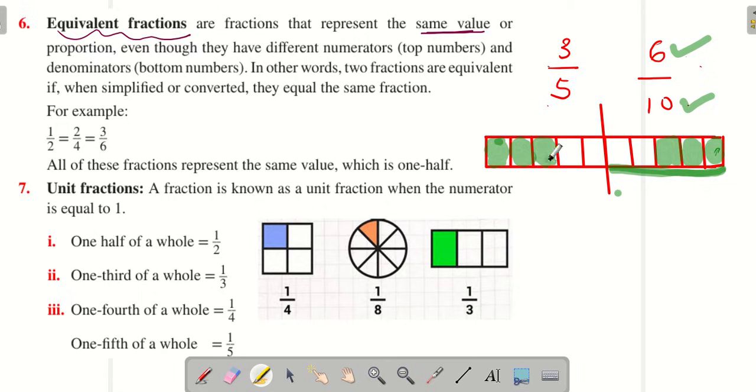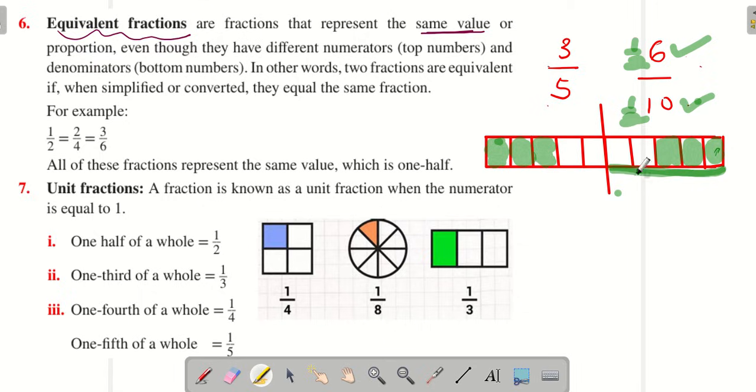So the value of this is the same as this. When you divide both the numerator, that is the part, and the whole by half, you get back this fraction. Half of the numerator, half of the denominator will give us 3 on 5.